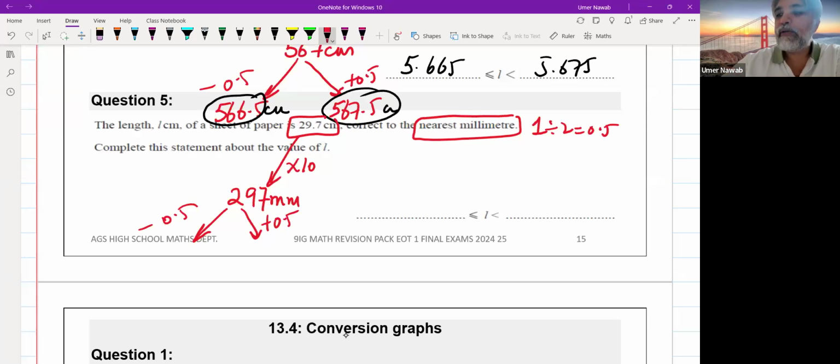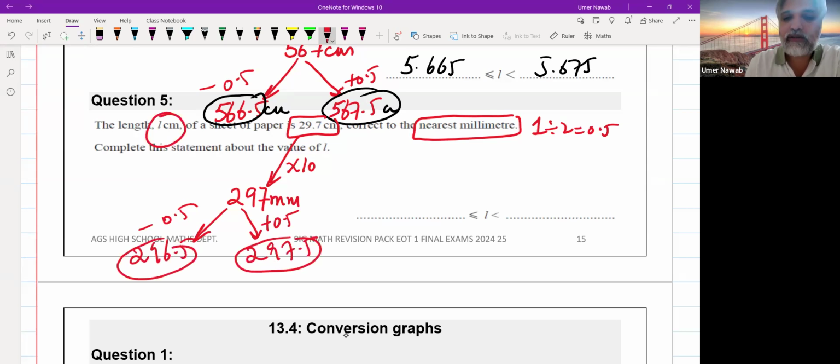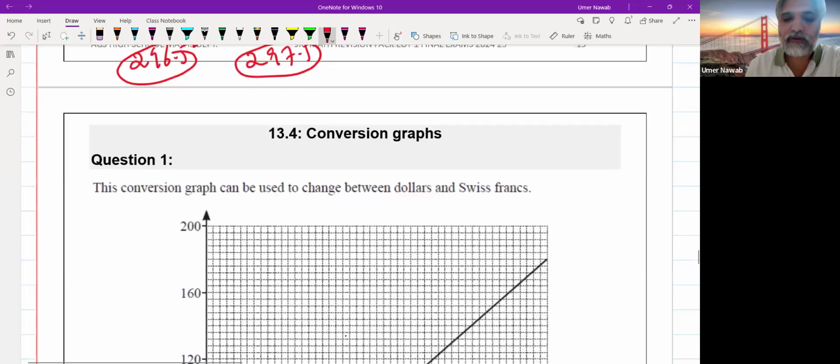So this will help us to get the answer in 296.5 and 297.5. Don't forget, you have to give your answer in centimeters. So dividing by 10 will give you finally 29.65 centimeters and 29.75 centimeters.